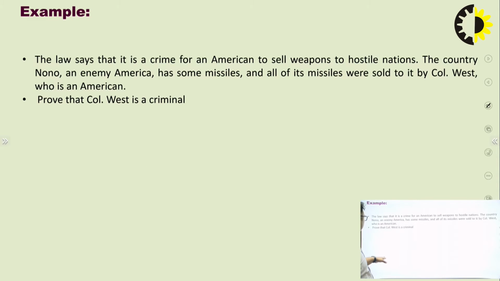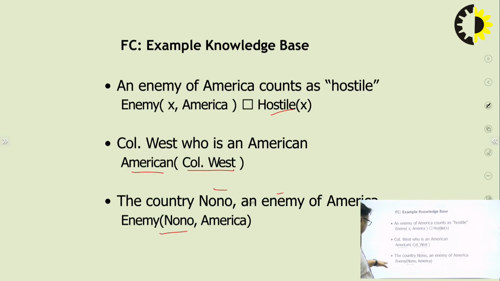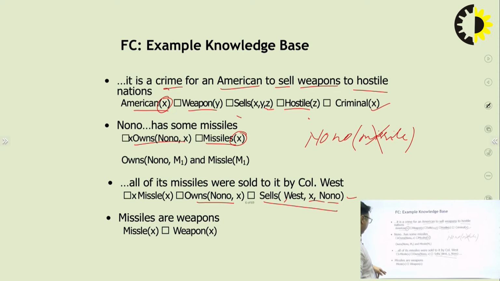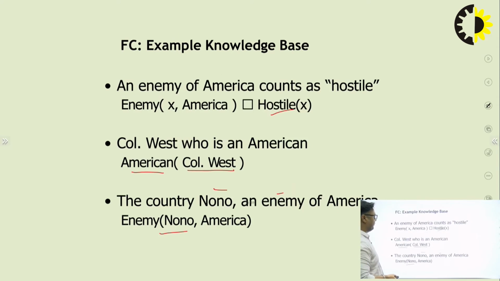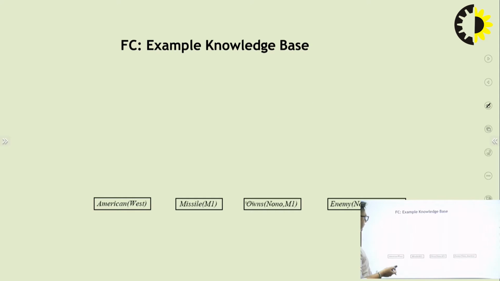So first use some lefts: first left is Enemy(Nono, America) and American(West). My left section of every statement includes Enemy(X, America), Missile(X), Owns(Nono, M1), and American(X). This statement is used in node form in my example.